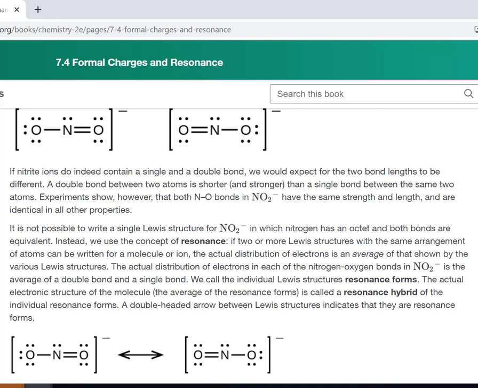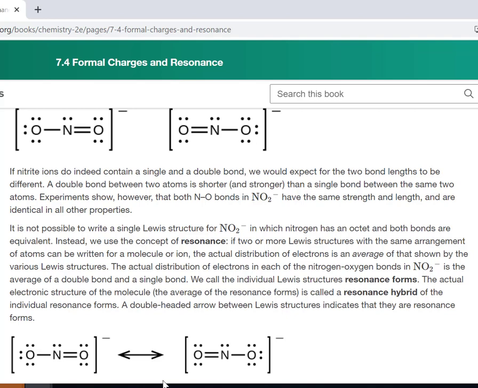And what's really going on is sort of like a mix of the two, but it's not that it's going back and forth, if that makes sense. So we're showing here the resonance structure for this thing. And how we show that is we show each of the possible Lewis structures that are equivalent and show this double arrow that is going between them.